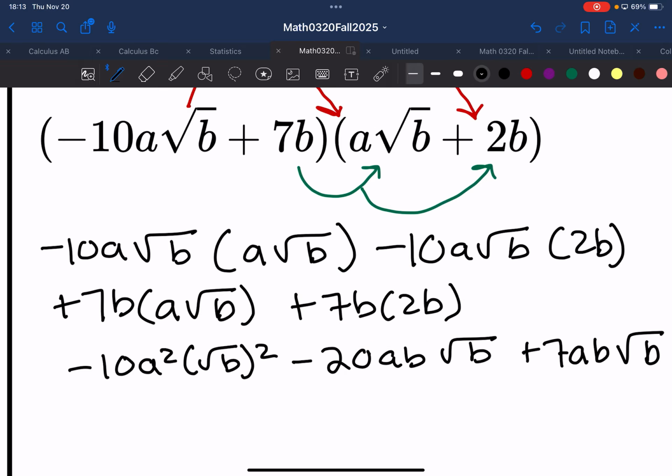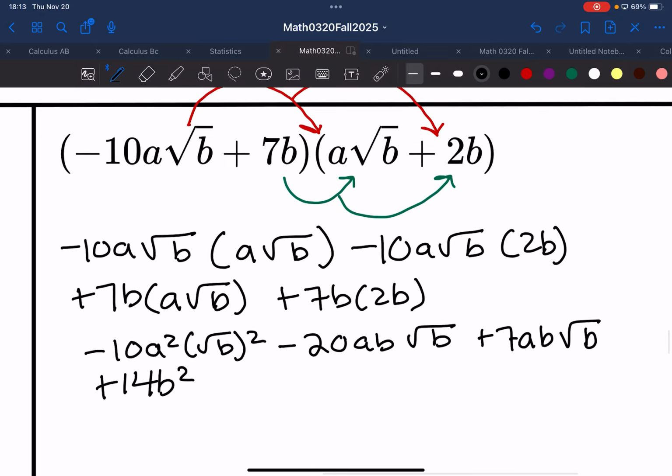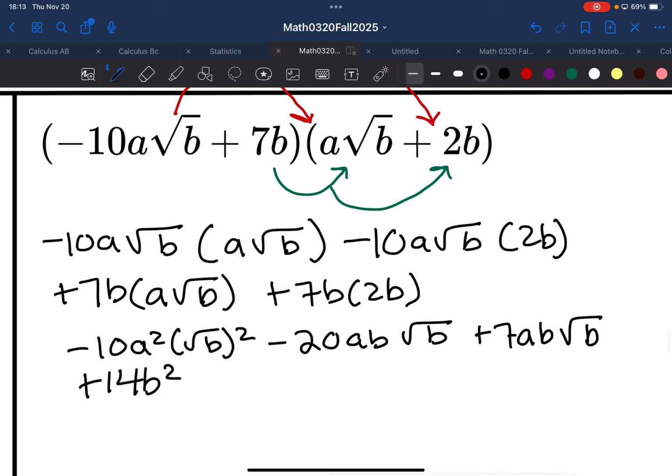14b squared. So plus 14b squared. Okay. Then I can go through and see, do I have any radicals that are being squared? Which means, can I cancel those out? Yes, I have this square root and this square, which means I just have b.